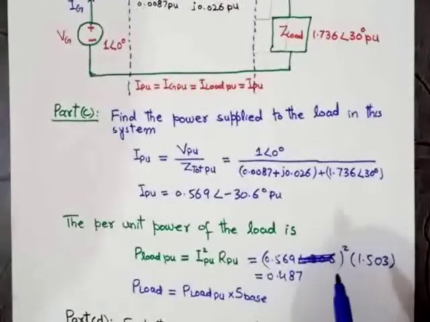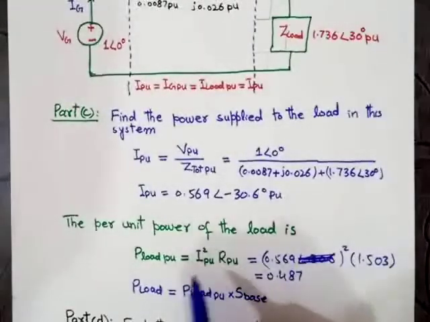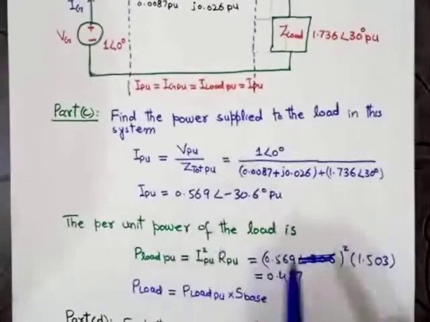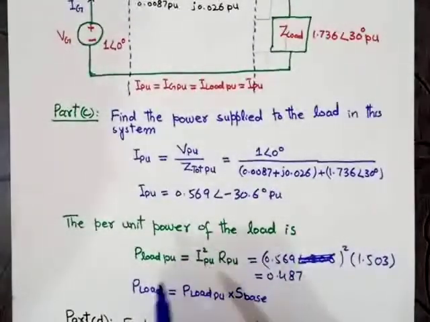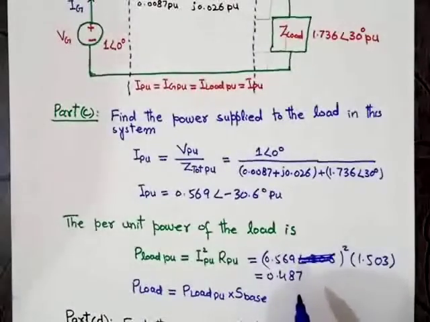We do not use the angle. So we will only use the magnitude of the current. The magnitude of the current is 0.569. So the overall power across the load in per unit will be equal to 0.487.